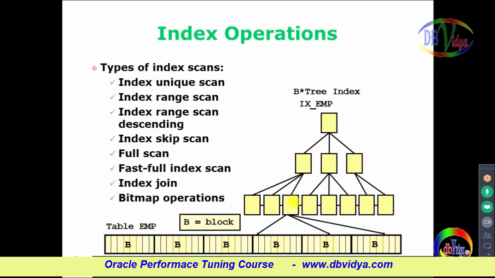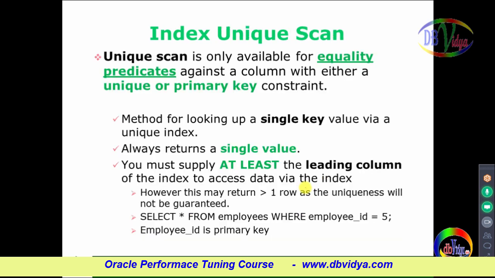You remember this is how a B-tree is internally. Index unique scan: in which scenario will Oracle choose it? Whenever your where clause has a predicate, meaning whatever where condition, on a unique index or primary key, then it will go for unique scan.